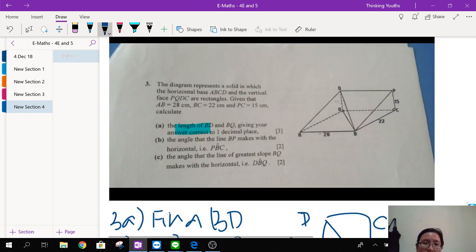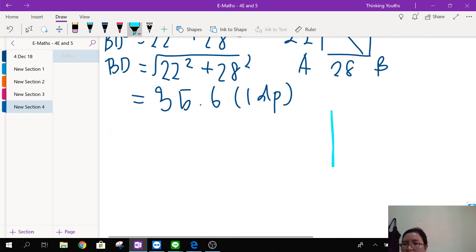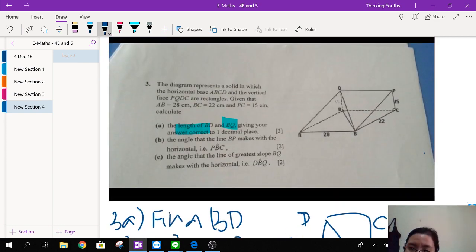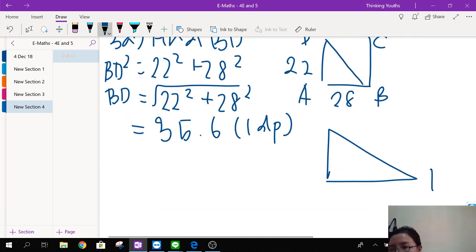The next one they ask you to find is BQ. BQ is in a triangle, a 3D effect triangle, BQD.